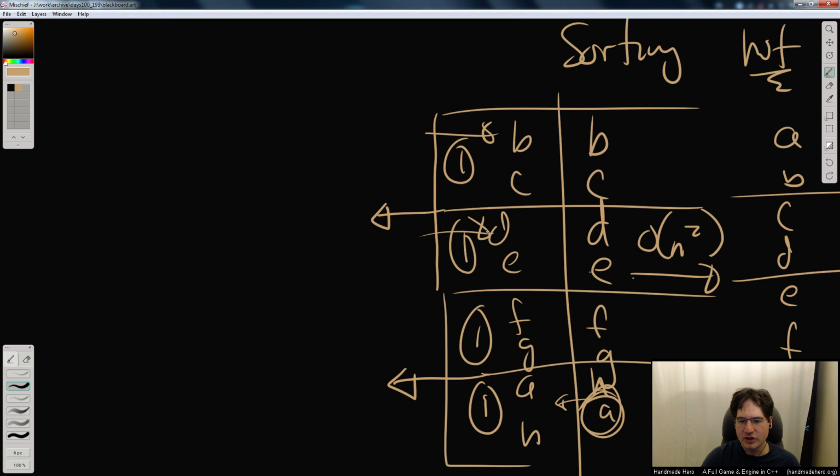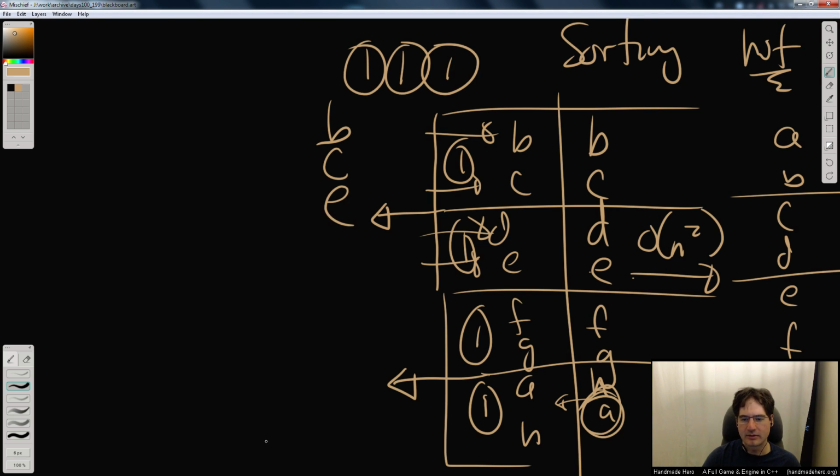So if I check these two and I say, oh, B comes first, I'll put B there, that's one comparison. I then move to the next guy and compare these two. Okay, C or D, which comes first? In this case, it happens to be C. That's another one comparison. Then finally, I would move to here and say which one comes first, C or E? And that's again one comparison.